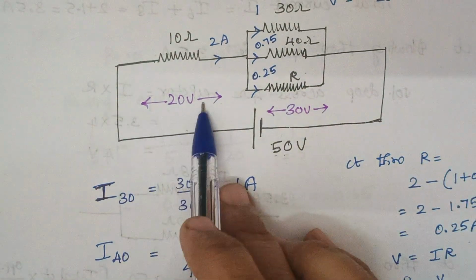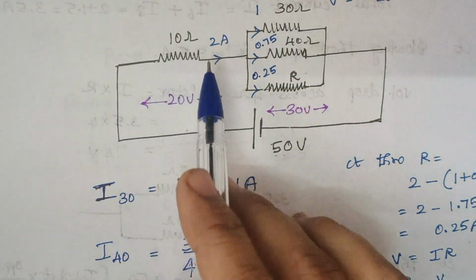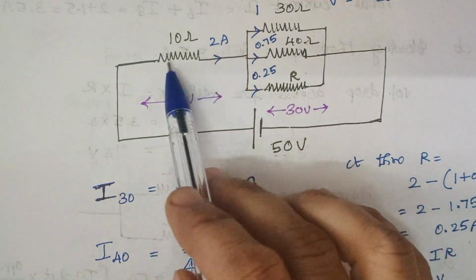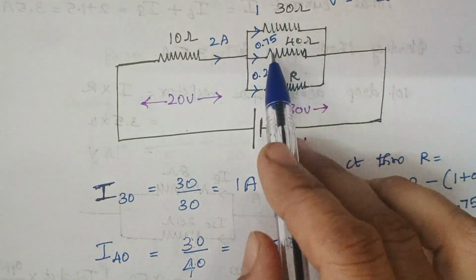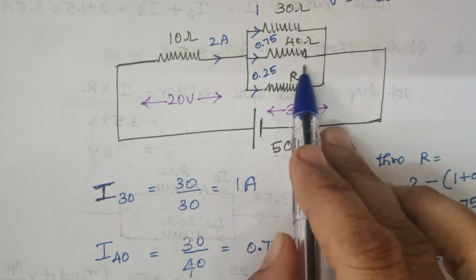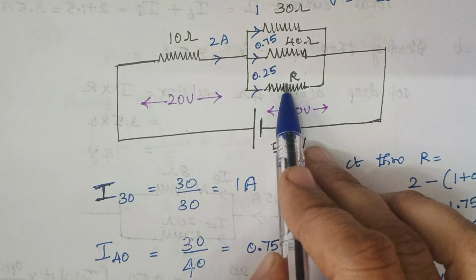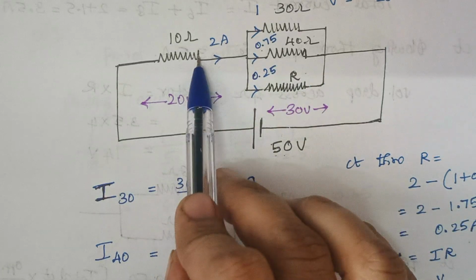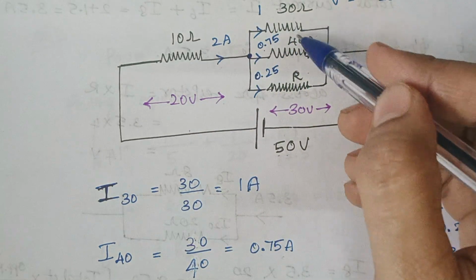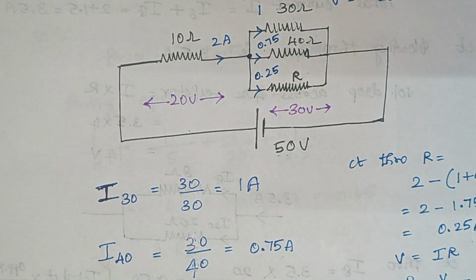We know the value of voltage, we know the value of resistance, so we are calculating the current. That's it. So here it is 2 amps and here 1, here 0.75. We don't know the current that flows through this R because the value of R is unknown.